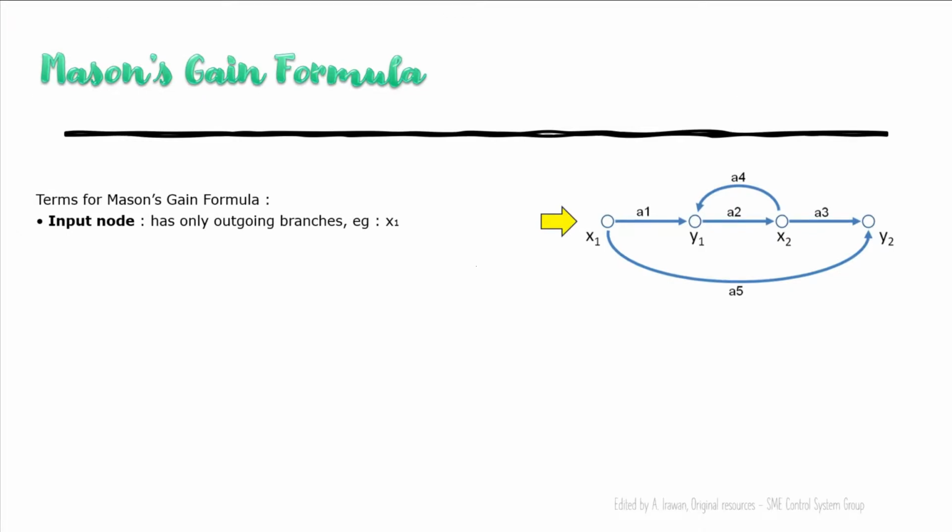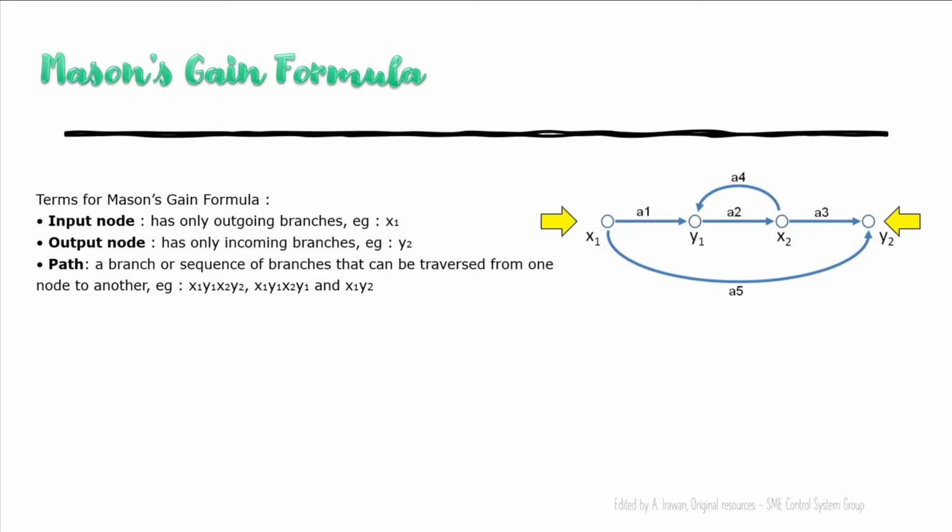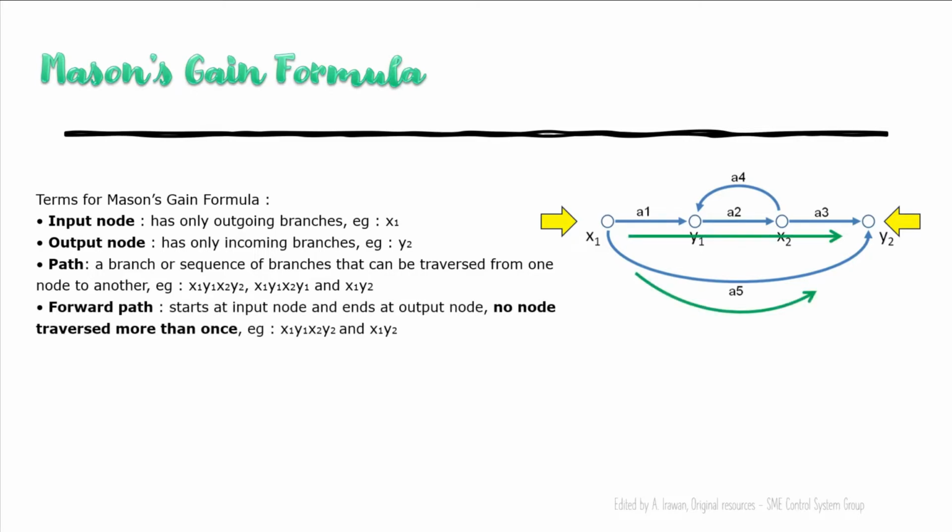So how are you going to use the Mason gain formula? The components that you need to identify, basically you need to know the input nodes and output nodes of the system. So we need to know the components at first: the input nodes, output nodes, and then the path sequence.